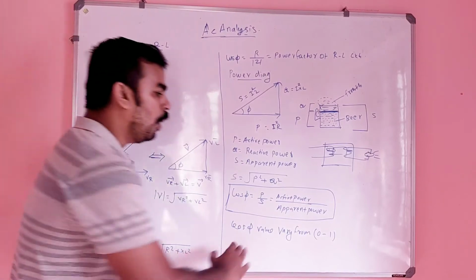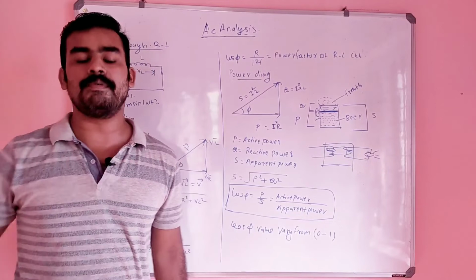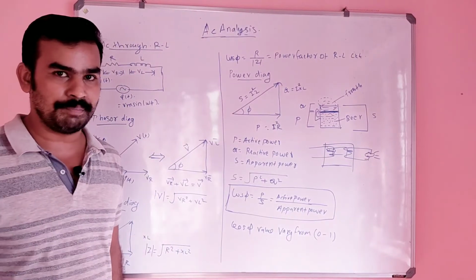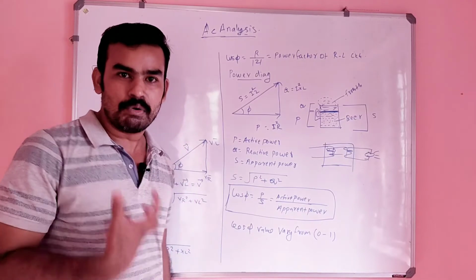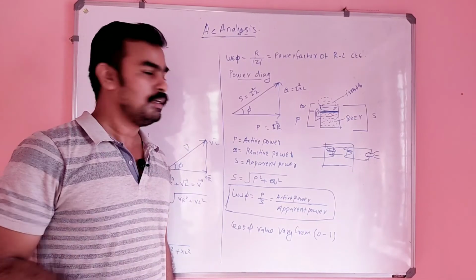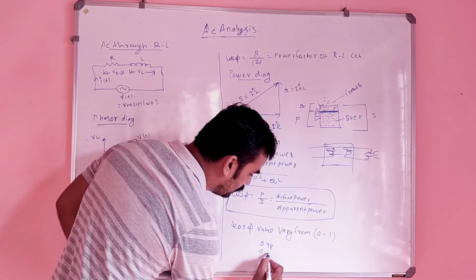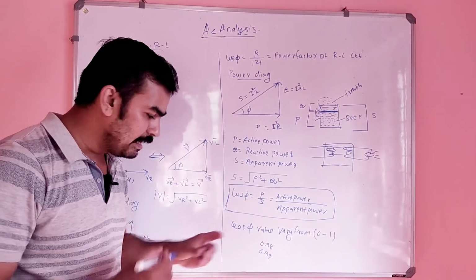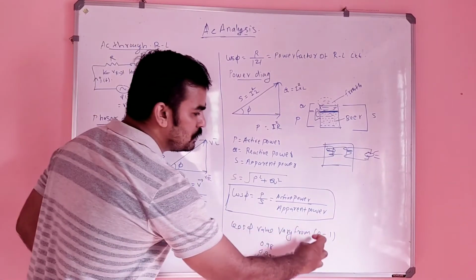That means the whole of the power that we give to the circuit is converted into useful power. It's not possible all the time. Even if you take a pure resistor made by ourselves, definitely the cos phi value will be 0.98 or 0.99 or something. We can't get cos phi equal to 1 because it is an ideal case. So cos phi is from 0 to 0.5.